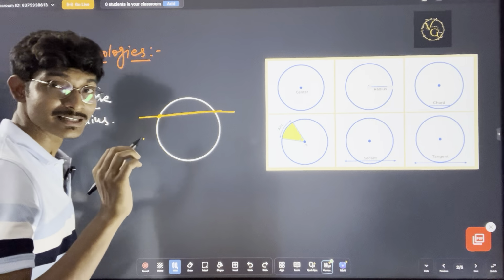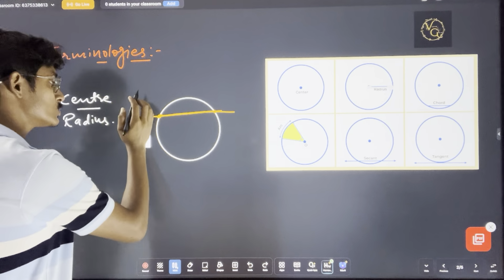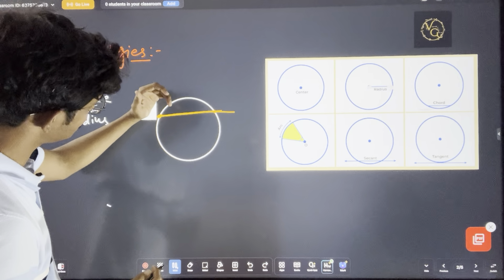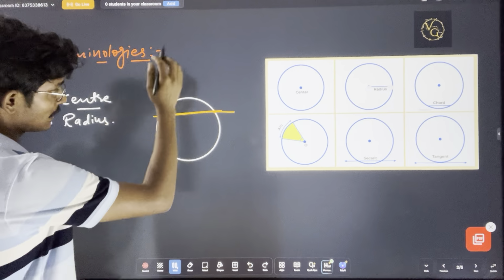But here you need to understand one thing, chord should not have these external parts, okay. It should be just the line that will be touching the circumference, okay. So this is your chord, this is only what has been shown here, okay.